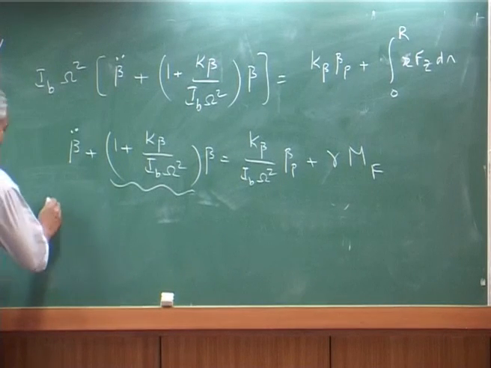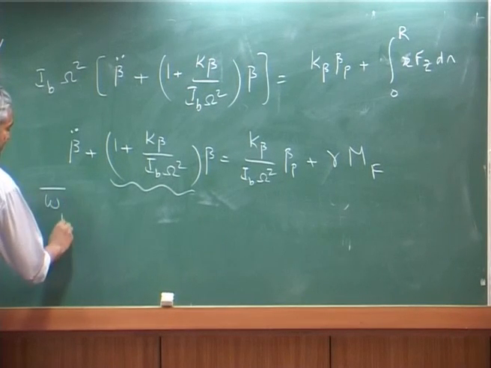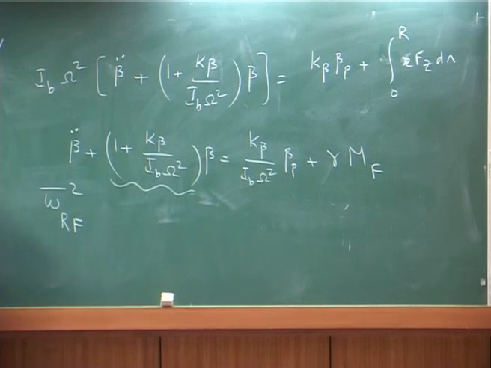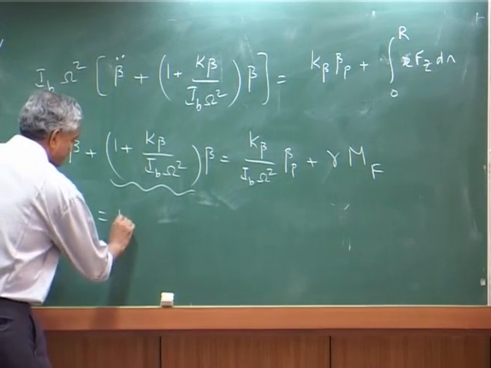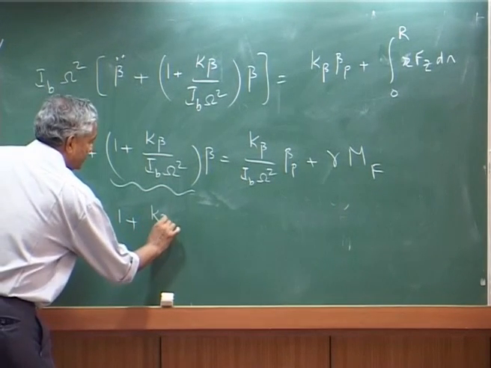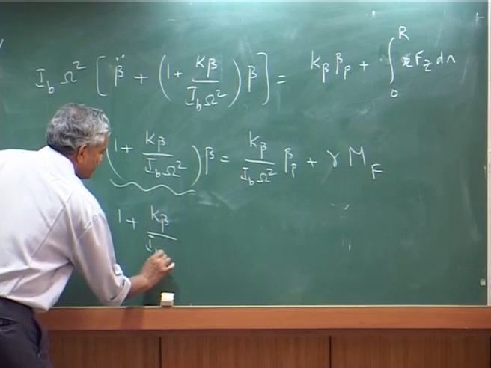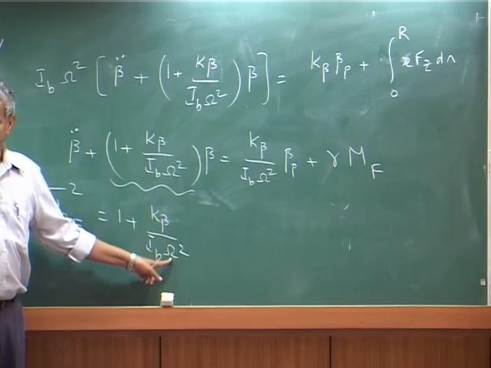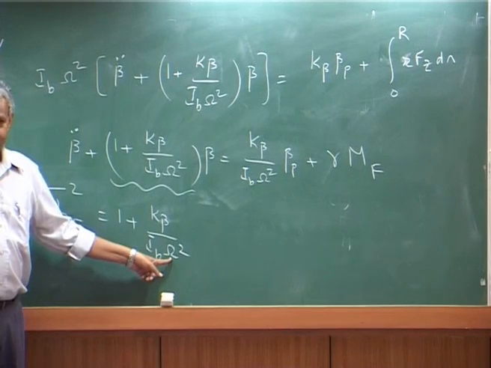Now, I will write it omega bar R_f square, rotating flap frequency is 1 plus k_beta by I_b omega square. Please understand, I have to non-dimensionalize with respect to RPM. This is the omega square.